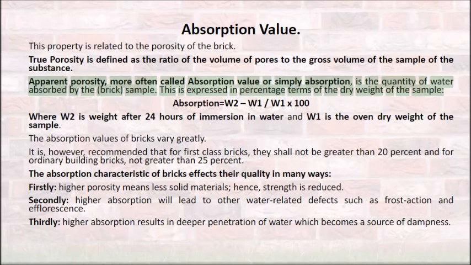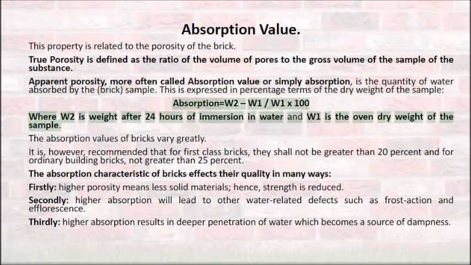This is expressed in percentage terms of the dry weight of the sample. Absorption = (W2 − W1)/W1 × 100, where W2 is the weight after 24 hours of immersion in water and W1 is the oven dry weight of the sample.